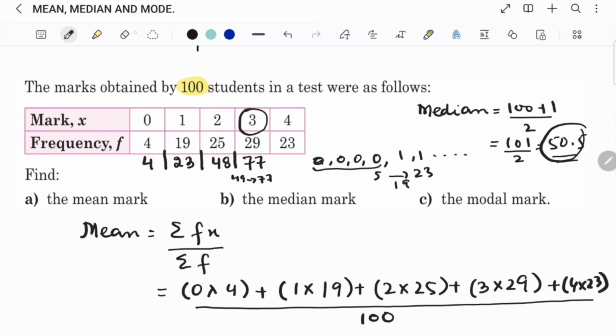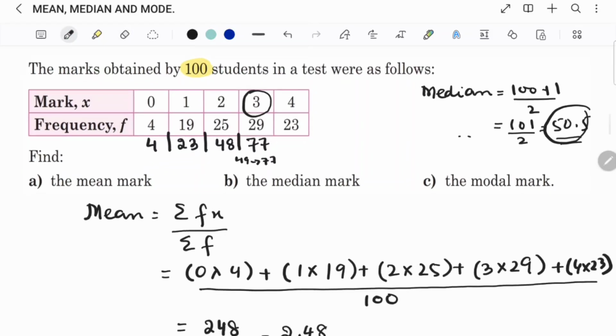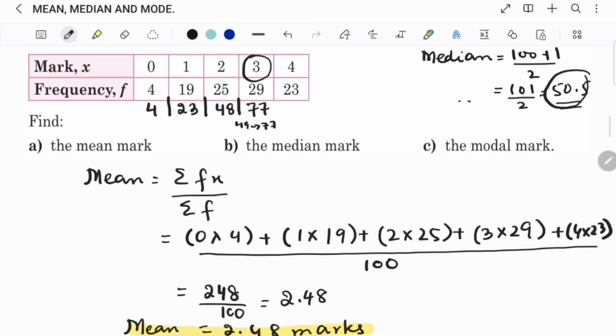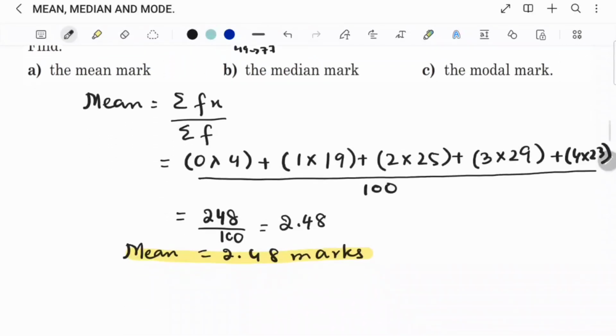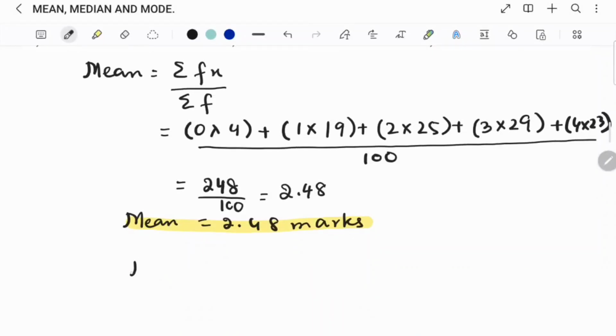You can show by adding where your number is lying, the 50.5 value will also be 3, because till 48 number the 2 was written, and then 49 to 77 you have the 3 marks. So you write down the median is equal to the center number is equal to 3 here.